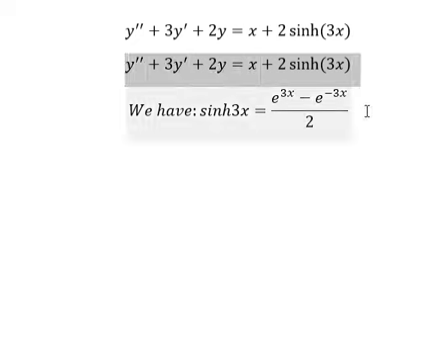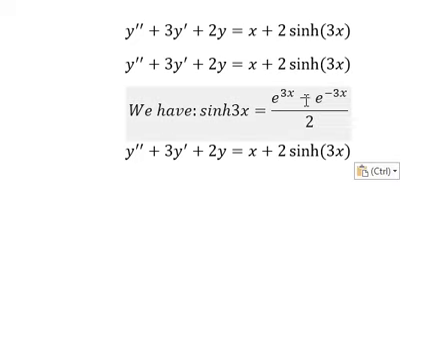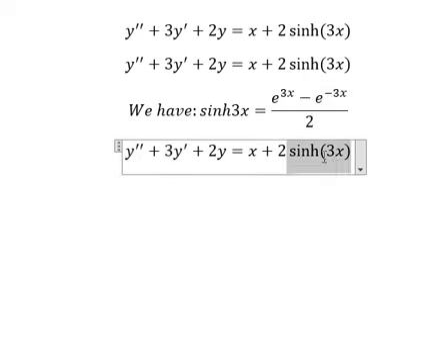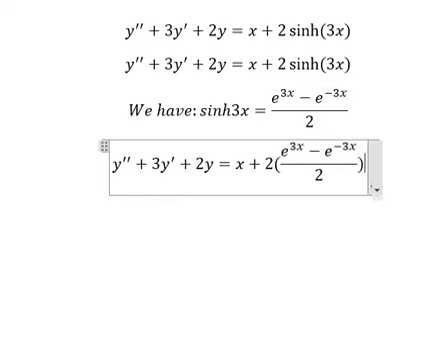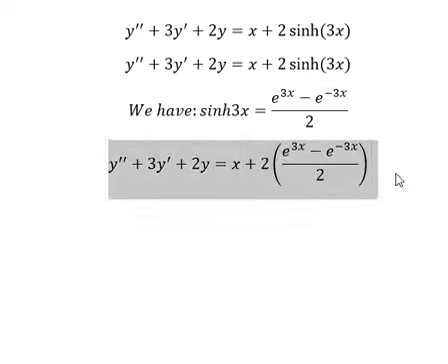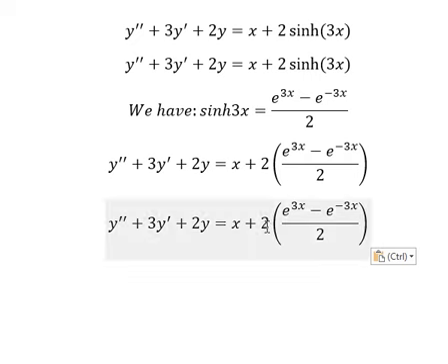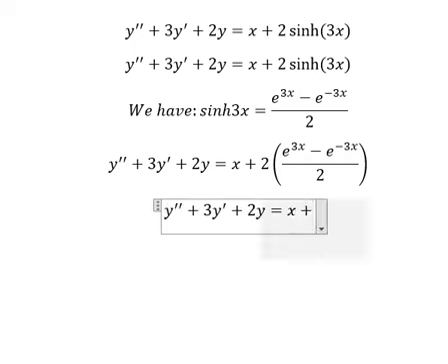Now we need to transform this one into this one. And now we need to simplify number 2.